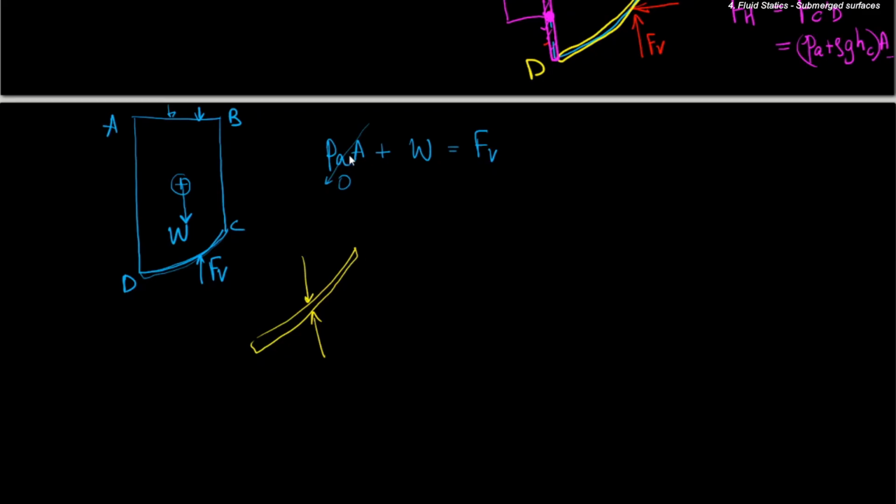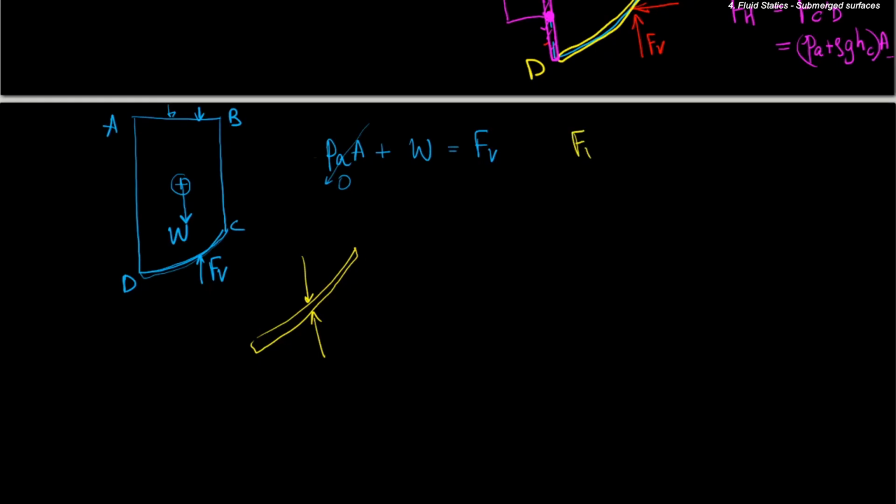Typically the magnitude of atmospheric pressure for sufficient depths is also quite small, and in the problem it will be specified whether we need to account for the atmospheric pressure or not. Usually it is said that we should neglect atmospheric pressure. So it is quite simple.